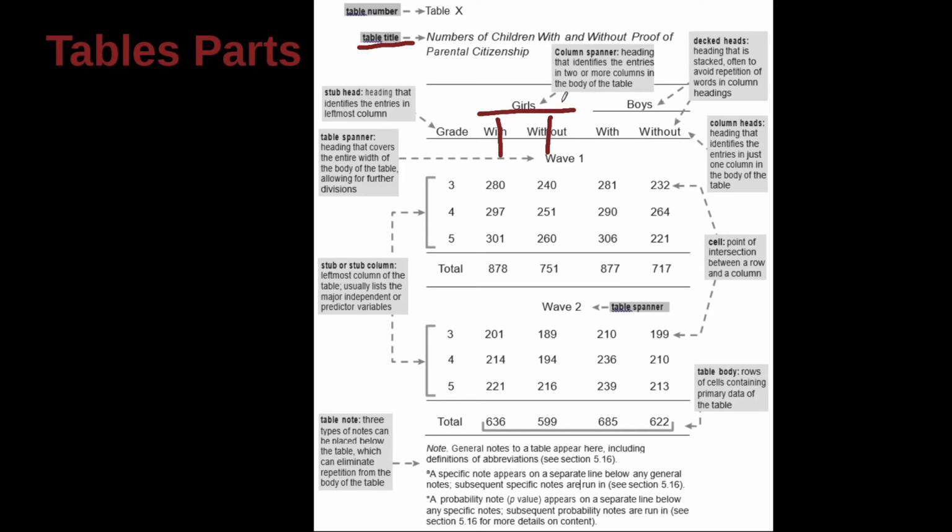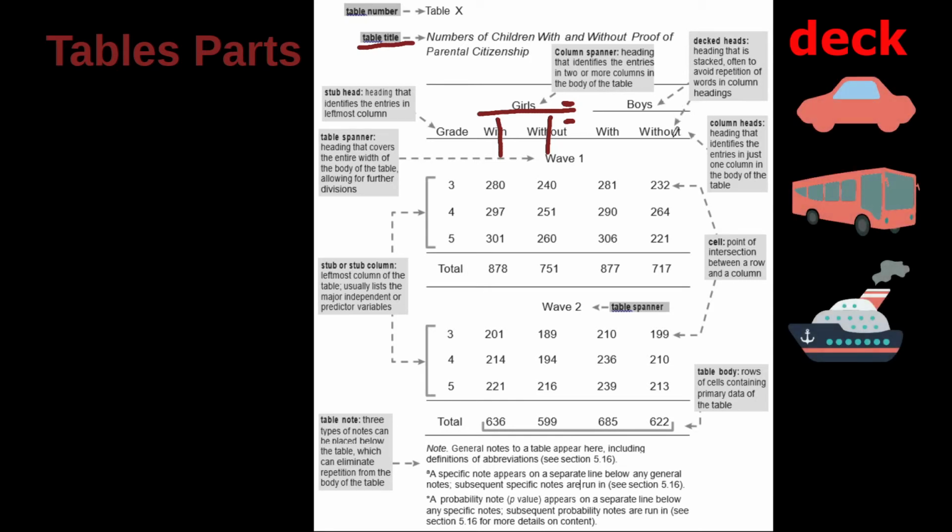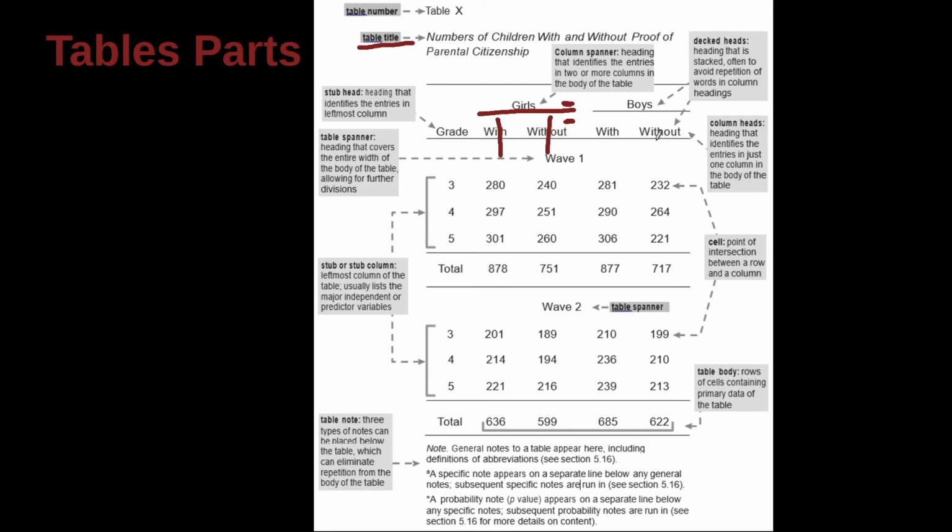Here we have the one level and then a second level. So this, putting 2 levels together this way, is called decked heads. Decked, D-E-C-K, like a deck of cards, or decks on a bus or decks on a ship. Different levels. And then we have a stub, and the stub is this heading here.